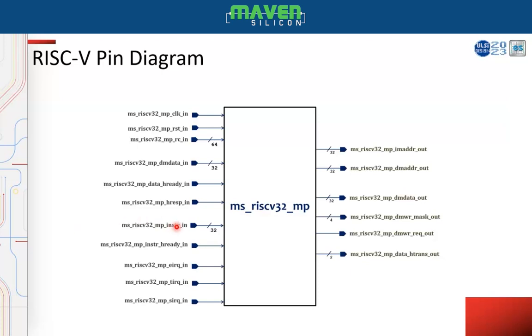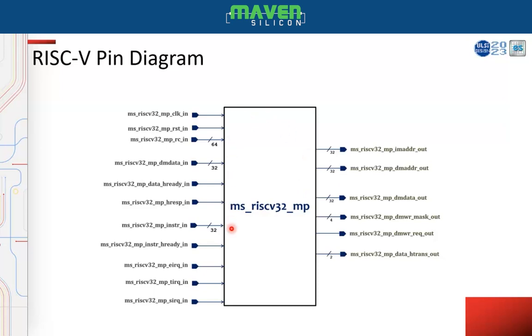And with the help of these signals like instruction input, instruction HREADY in and IM address output, the processor is going to fetch the next instruction. So that way we have got different sets of signals, and each signal has got its own significance, right? In the later slides, I am going to show you the significance of various signals.